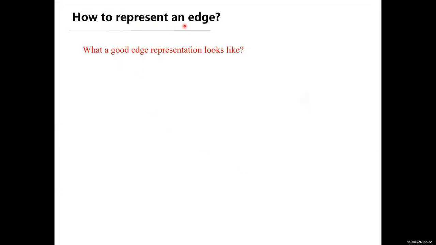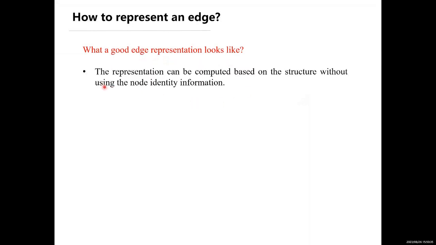For the first question, before we design a solution, we would like to know what a good edge representation looks like. Ideally, the representation can be computed based on the structure without using the node identity information. We cannot assign learnable vectors for the nodes. Secondly, it does not rely on node attributes.